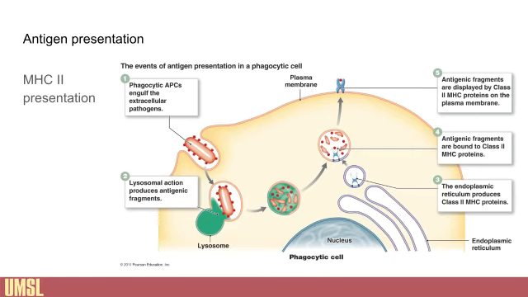So unlike what happens with MHC1, class 2 MHC proteins are produced in the ER. You end up with vesicle fusion of the ER with these lysosomes, but then these MHC receptors are charged with peptides or other antigens, and these are then displayed on the outside of these antigen-presenting cells.